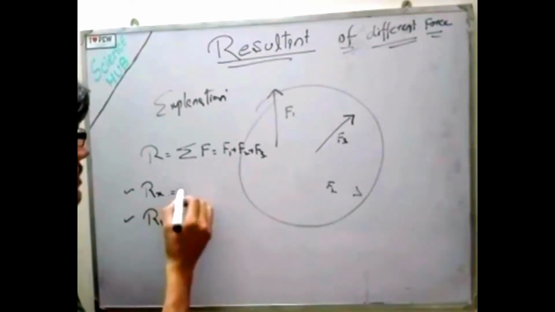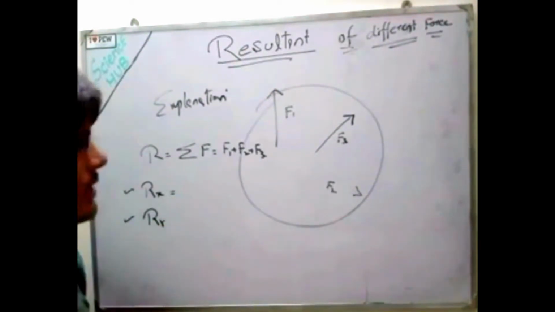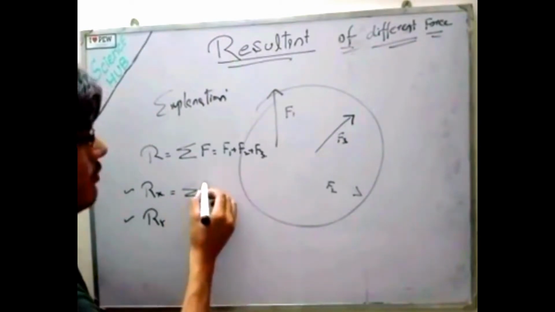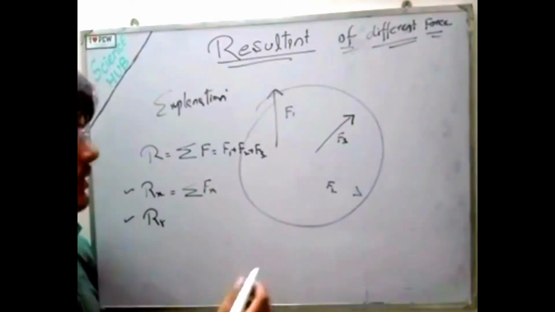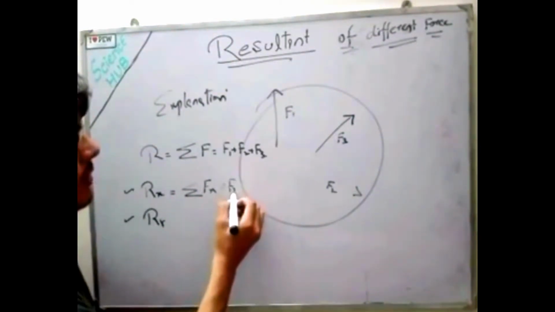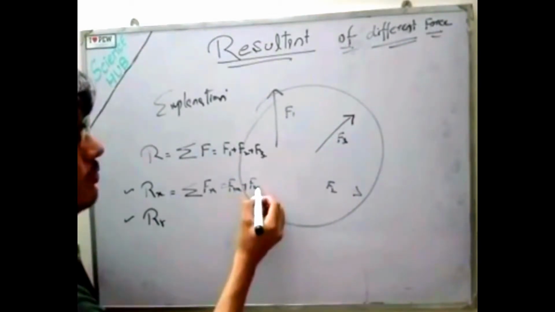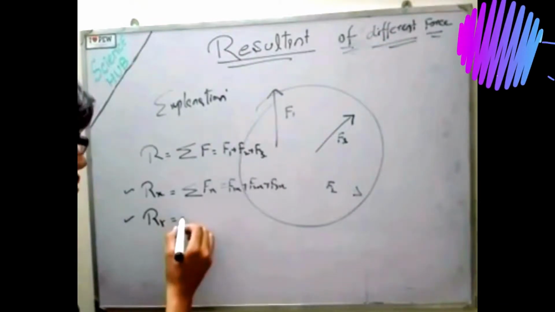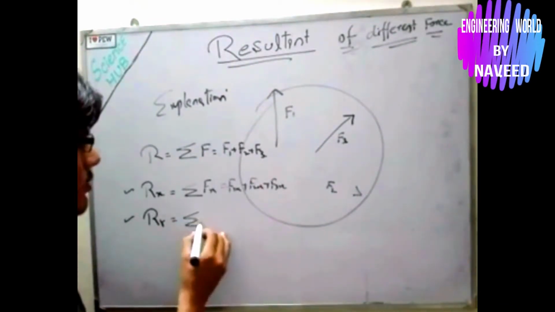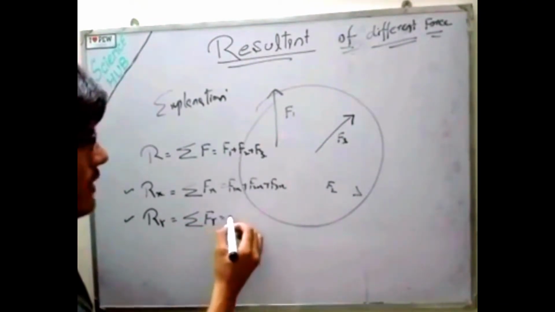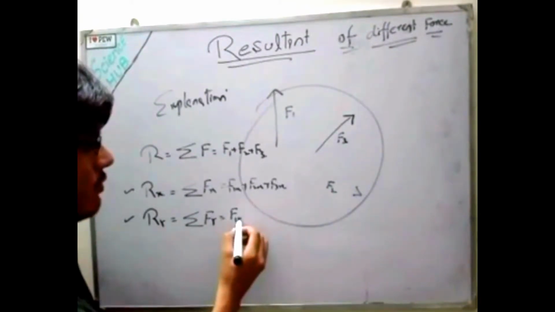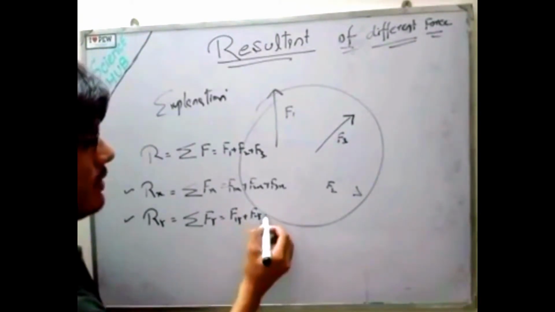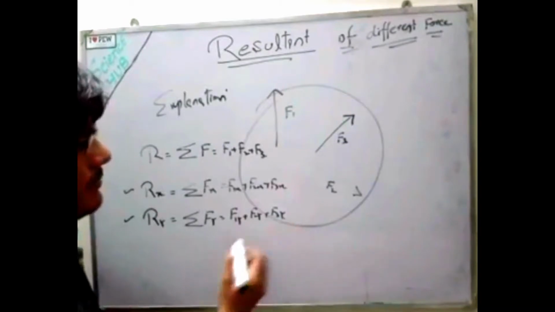The resultant component along the x-axis is equal to the sum of all the forces acting along the x-axis, that is F1x plus F2x plus F3x. Similarly, the resultant of forces along the y-axis is equal to the sum of all the forces along the y-axis, that is F1y plus F2y plus F3y.